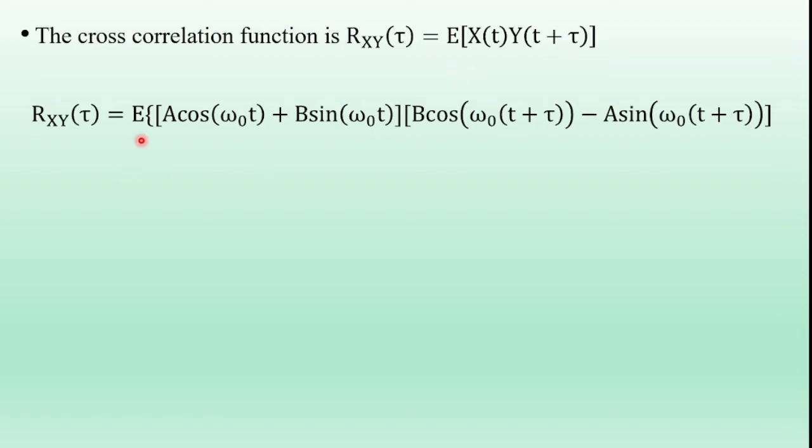Therefore, expectation of x of t, which is a cos omega naught t plus b sin omega naught t, into y of t plus tau, which is b cos of omega naught t plus omega naught tau minus a sin of omega naught t plus omega naught tau. Now we are multiplying these two terms.